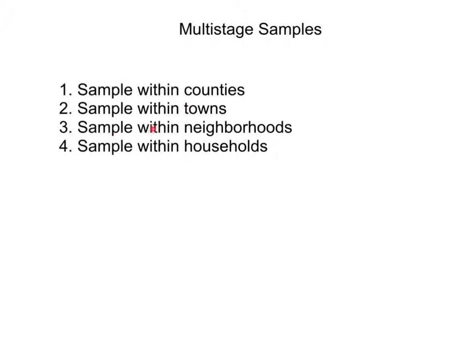The third stage, you would sample within different neighborhoods. And for the fourth stage, you would sample different households. Multistage sampling is usually used to restrict random selection, and in some cases it's less expensive than a simple random sample because it's expensive to send people to collect data.